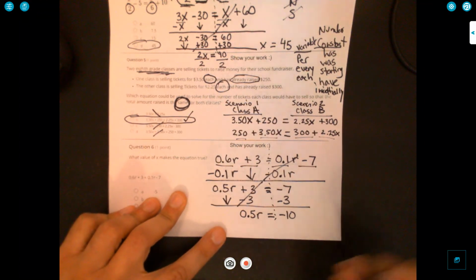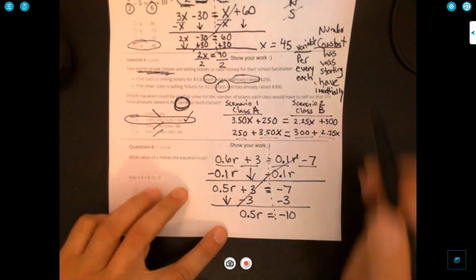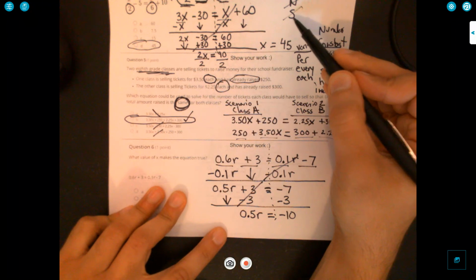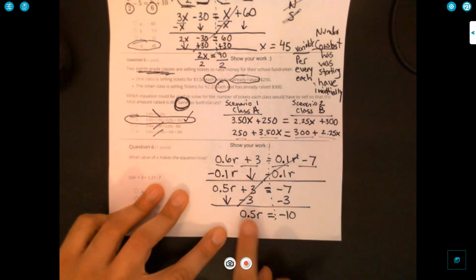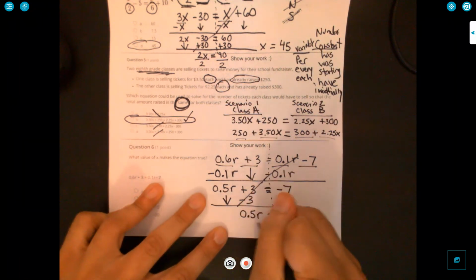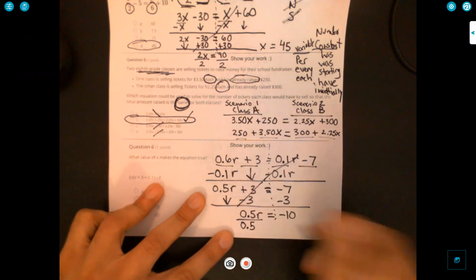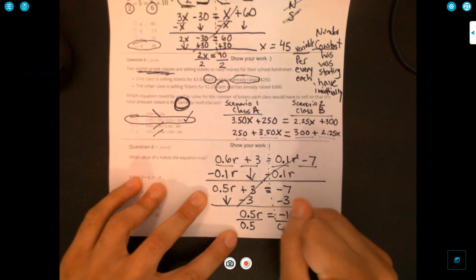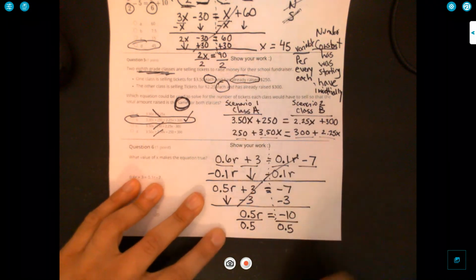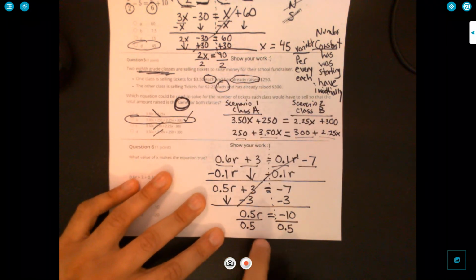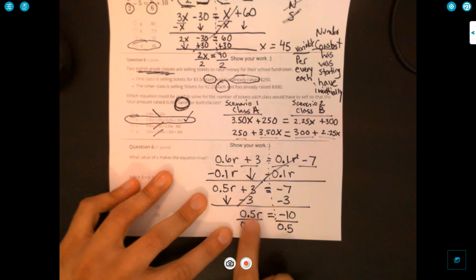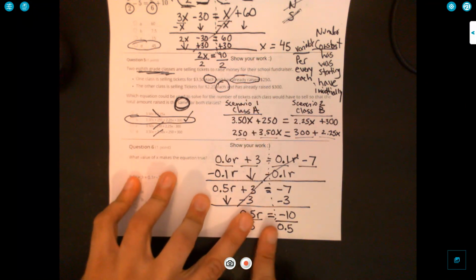All right, so now we got a number on one side, variable on the other side. So now we're going to move on to the last step, which is solve by division. So we have 0.5 times r. I'm going to divide by 0.5 on both sides, because we want to get it equal to just 1r.